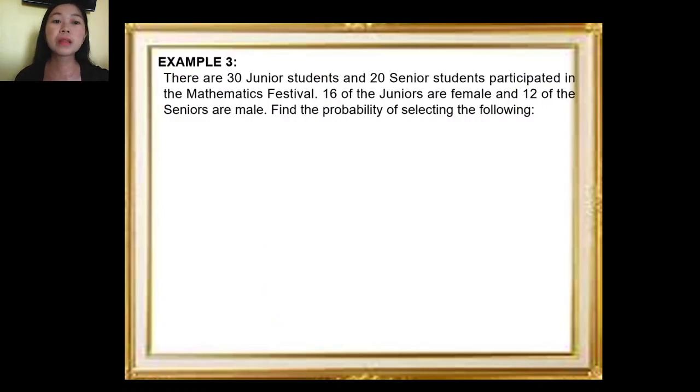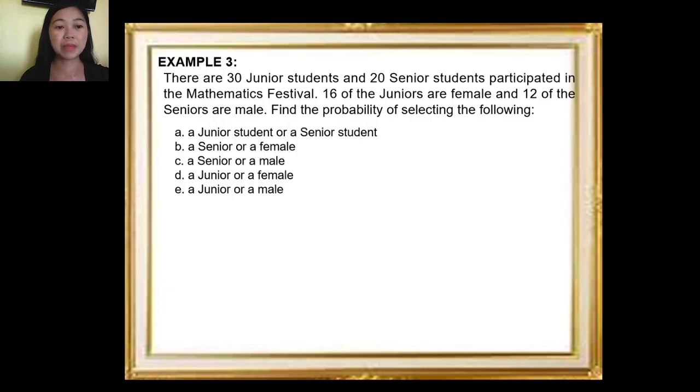Example number 3. Okay. There are 30 junior students and 20 senior students who participated in the mathematics festival. 16 of the juniors are female and 12 of the seniors are male. Find the probability of selecting the following. Okay, let's have this.